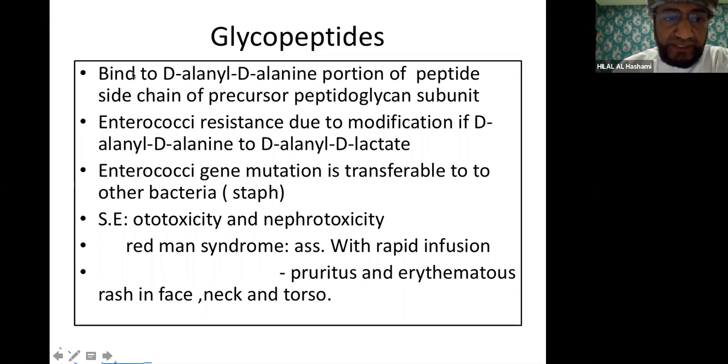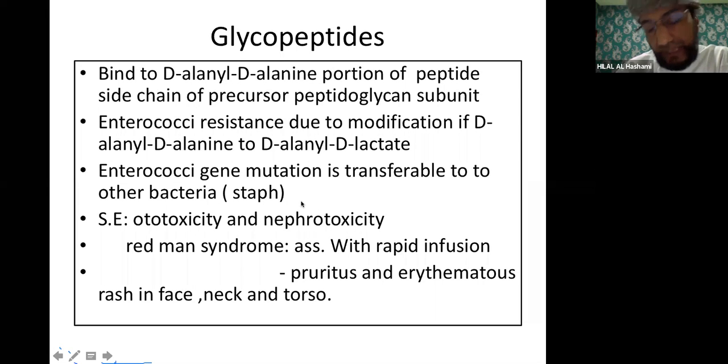Enterococcus binds to the D-alanine portion of the peptide, and Enterococcus resistance can occur secondary to modification of this binding site. It changes from D-alanine-D-alanine to D-alanine-D-lactate. Interestingly, this Enterococcus gene mutation for vancomycin resistance is transferable to other bacteria like staph.